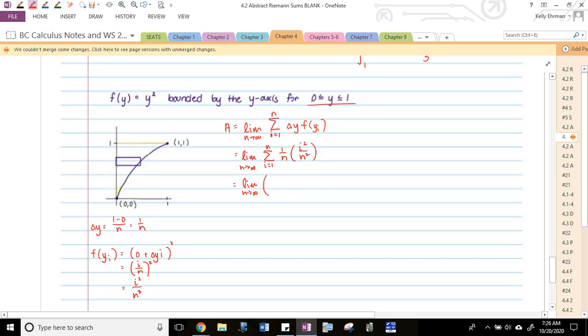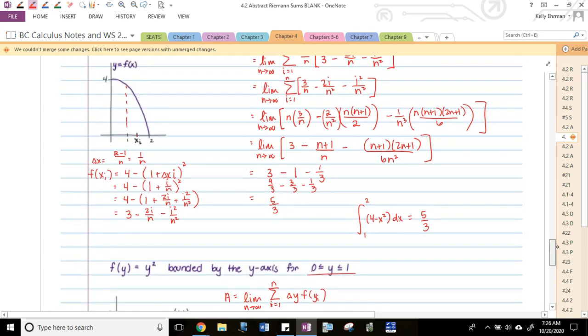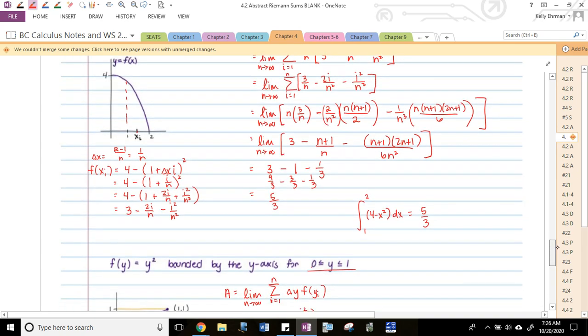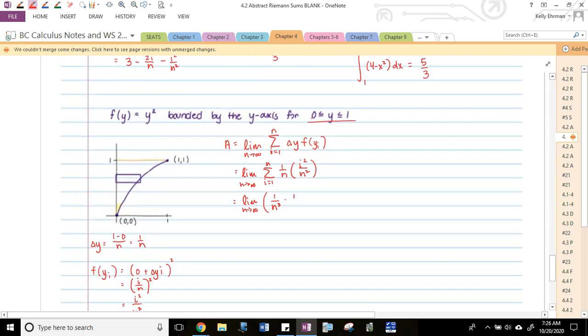So we have 1 over n to the third. That's a constant. The sum of i squared, we just did that. You'd think I'd remember. The sum of i squared was n times n plus 1 times 2n plus 1 all over 6. So n times n plus 1 times 2n plus 1, all over 6.